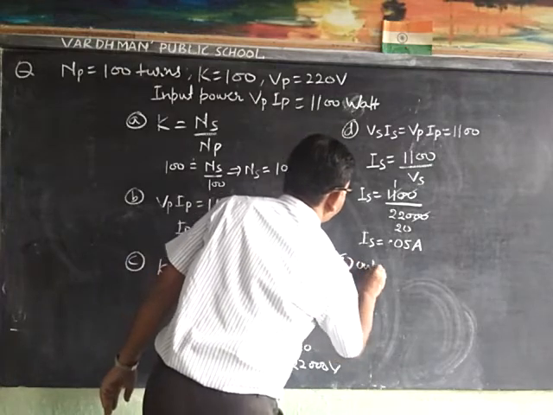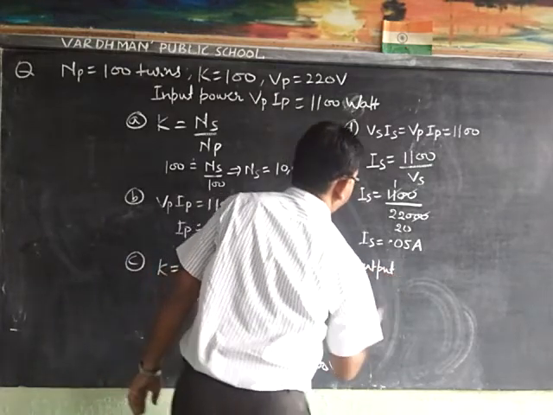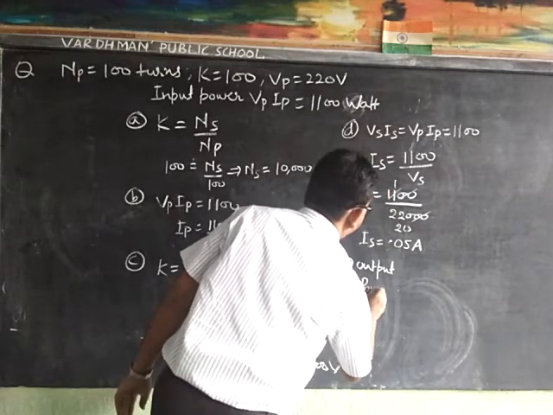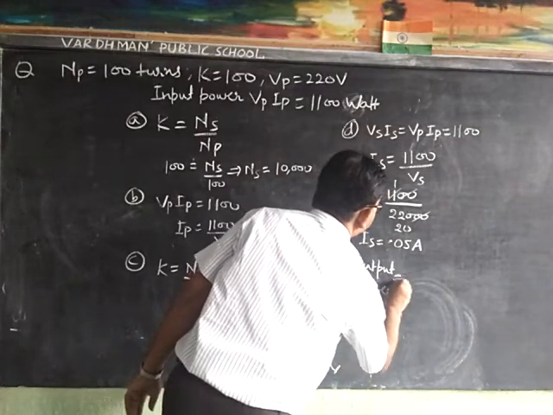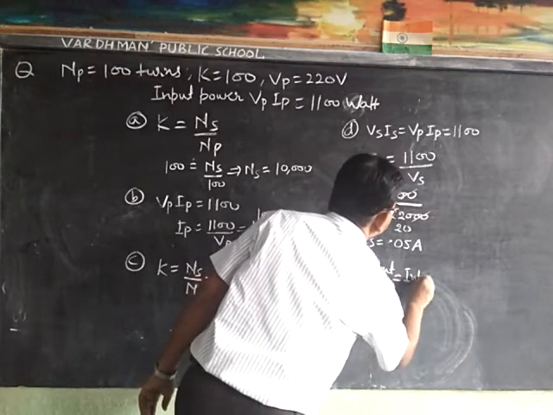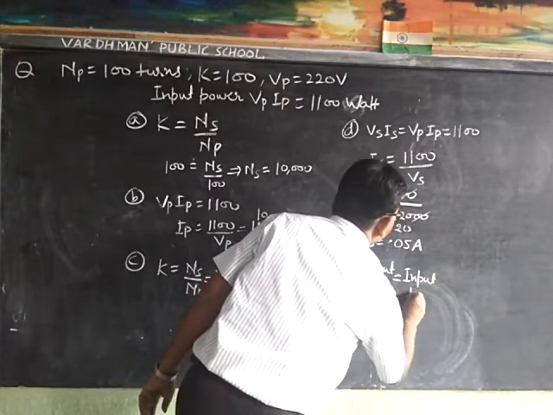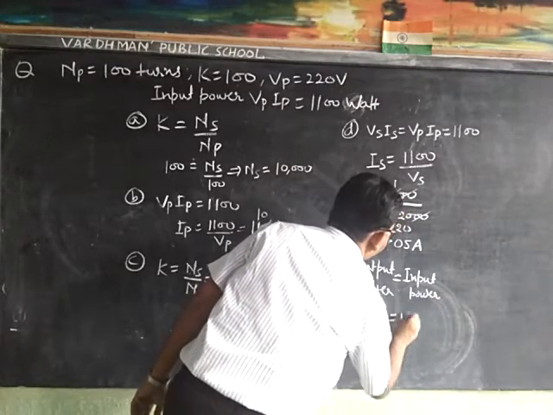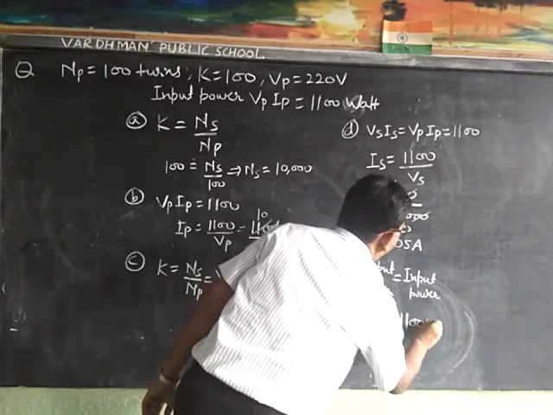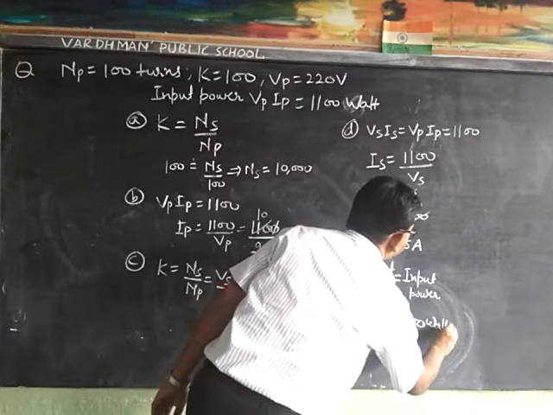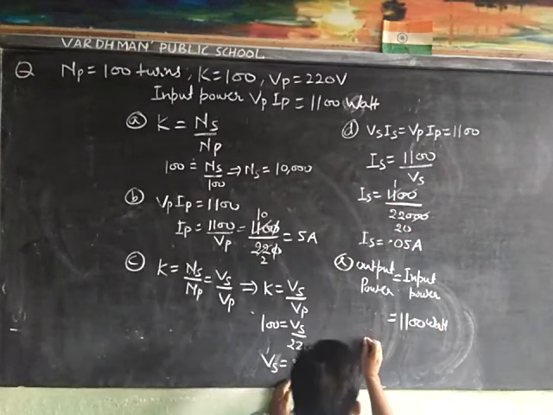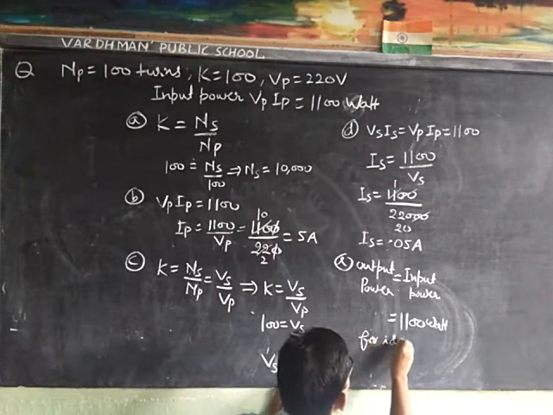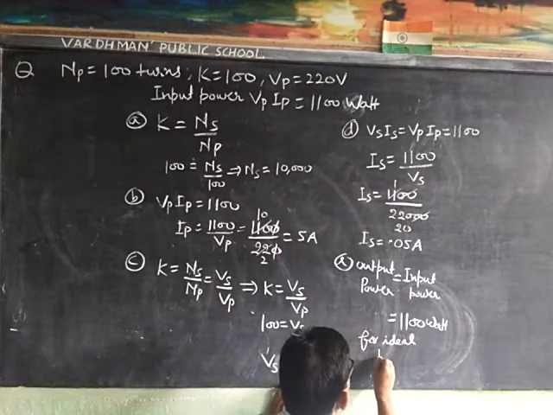In the next part, we know output power is equal to input power, that is 1100 watt.